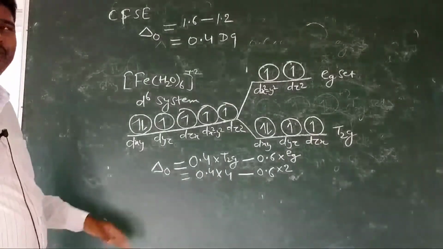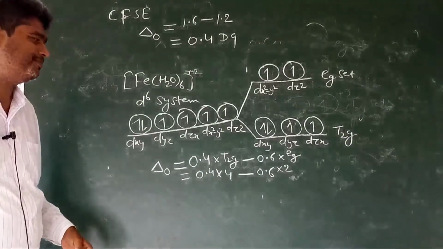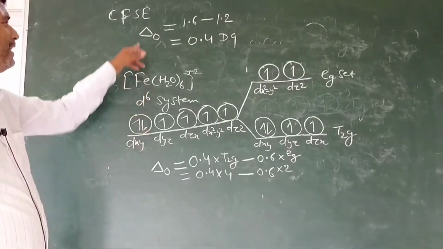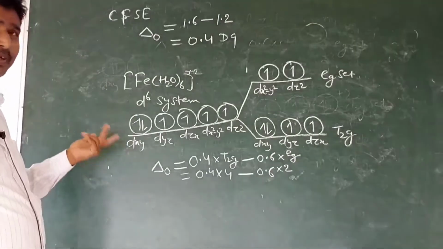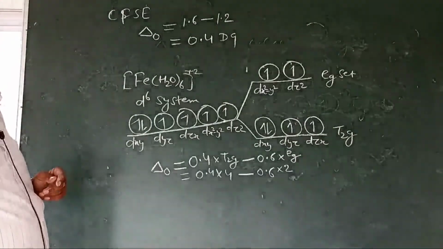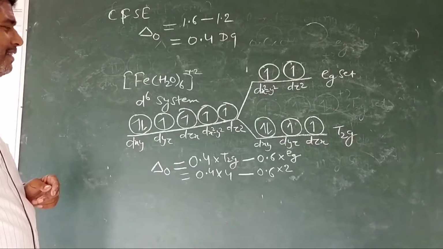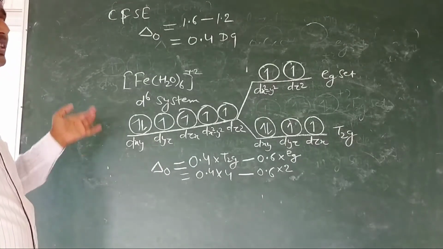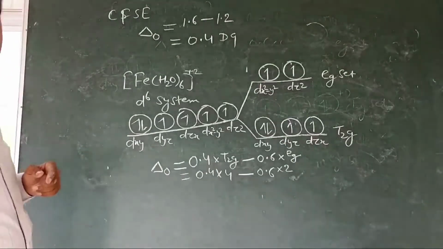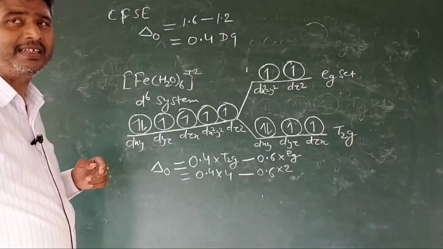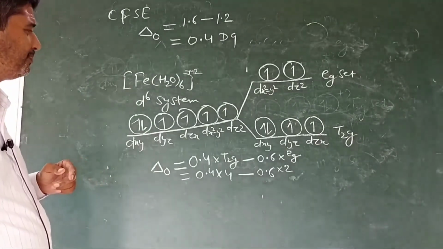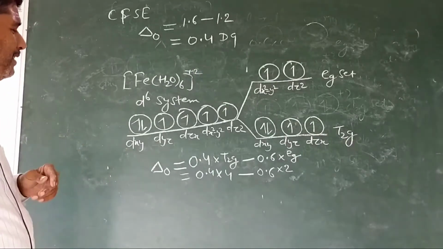Now it is clear on the basis of Δo that the Δo value is maximum for the first, potassium ferrocyanide K4[Fe(CN)6], in comparison to the second, hexaaquairon(II) chloride or sulfate.